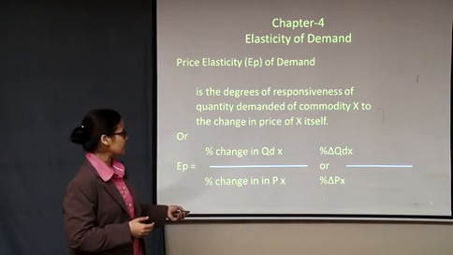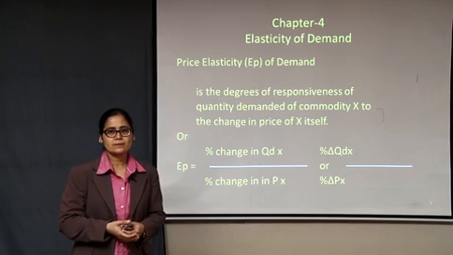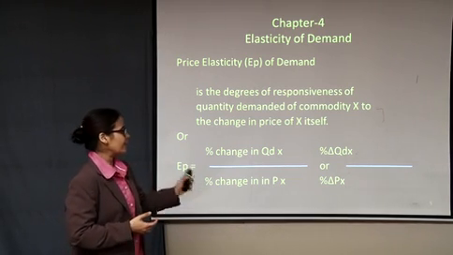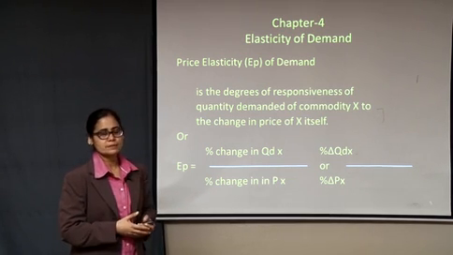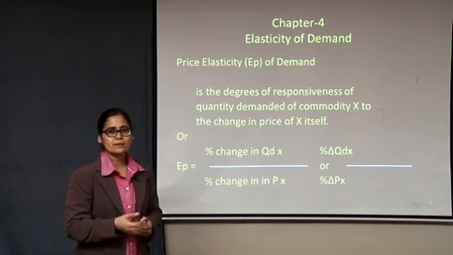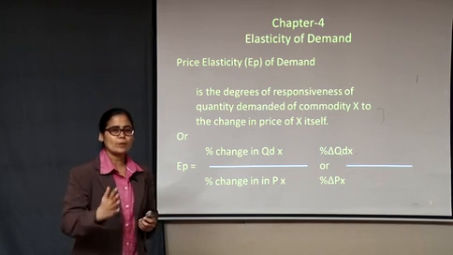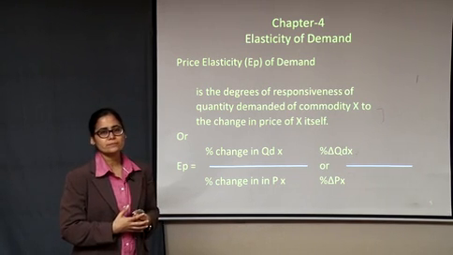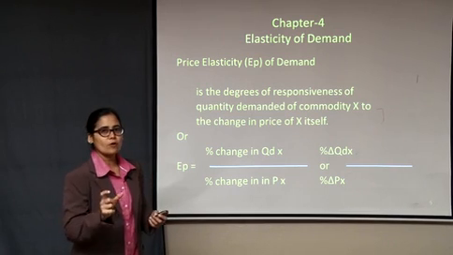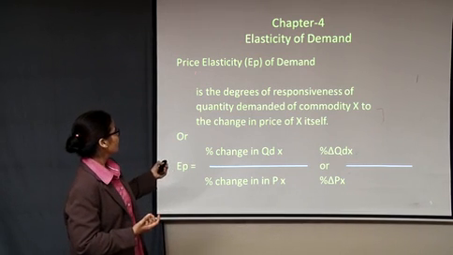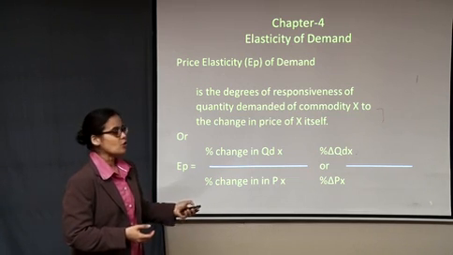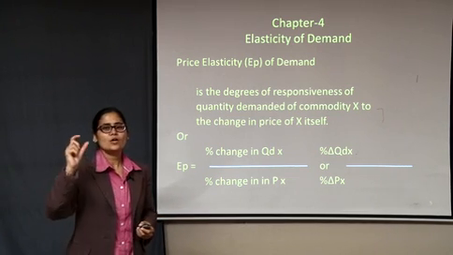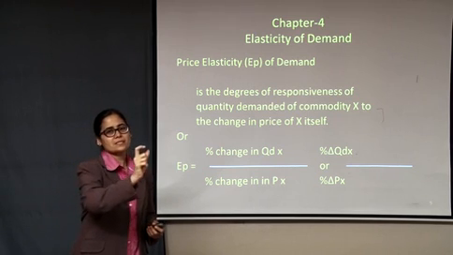So 2% price, 8% demand. What will you do? 8 divided by 2. Because the demand is changing by 8% and price is changing by 2%. So 8 upon 2. What is the answer you get? 4. So 4 is your answer for price elasticity of demand. Now this 4 is called as what? We call it the coefficient of price elasticity of demand.